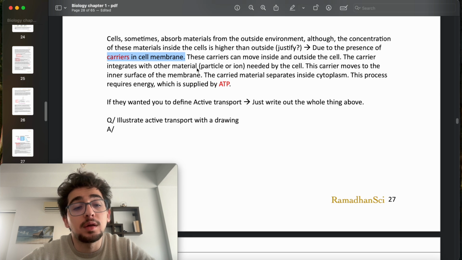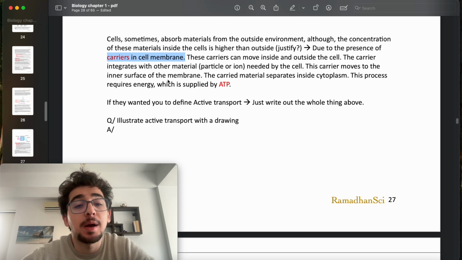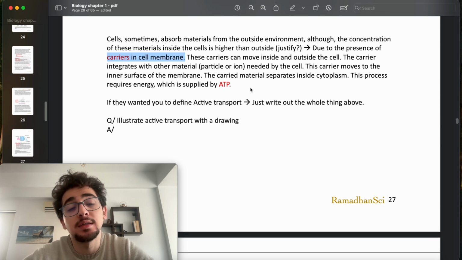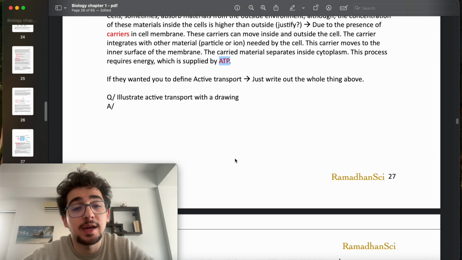Just know that the carriers in the active transport require energy, unlike diffusion, which happens with no need of energy. But here, as we are going against the natural laws, we of course need energy to perform such a thing. So we will need ATP as a source of energy.